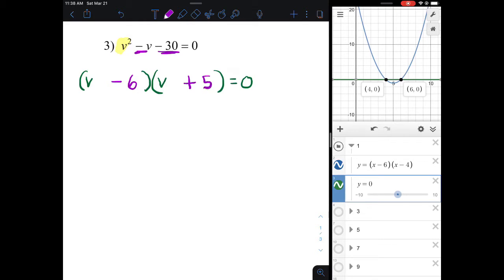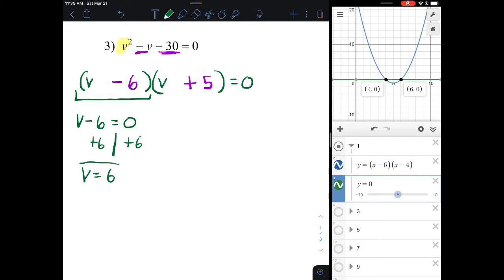All right, so now we have a problem that's set up just like the very first one we did. All right, and because we have the product of two binomials is going to produce a value of 0, if I zero out the factor v minus 6, then I would zero out the entire problem. So I'd solve for v, so I'd add the 6 to the other side, and I get one possible value for v to be positive 6.